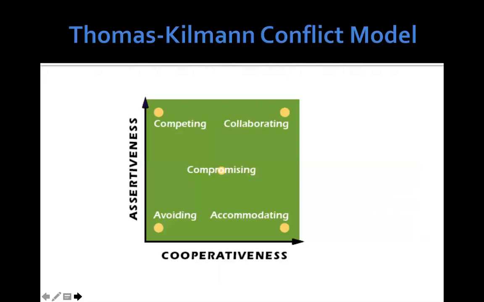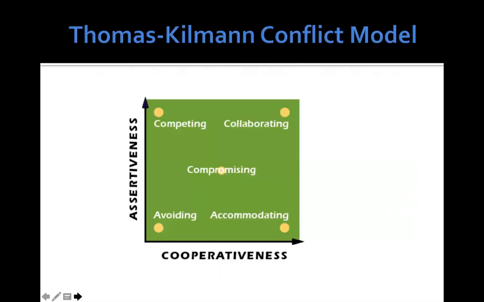So when you take the instrument, you're going to get a score, and that's going to tell you how you mostly interact. But every situation is going to be different. This is just what may be your natural tendency, but we all operate in these five areas.